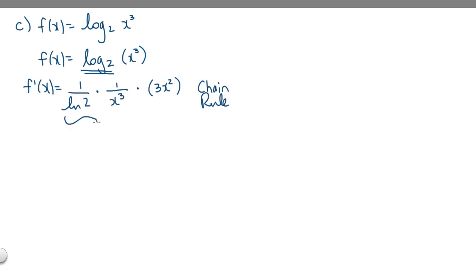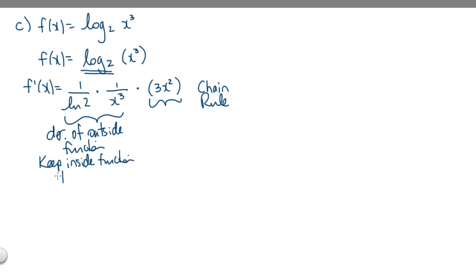So let's write a little reminder here in words of what we just did. We took the derivative of the outside function, and we kept the inside function the same. So that's why we've got an x cubed coming up in the denominator instead of an x, as in our simpler examples.